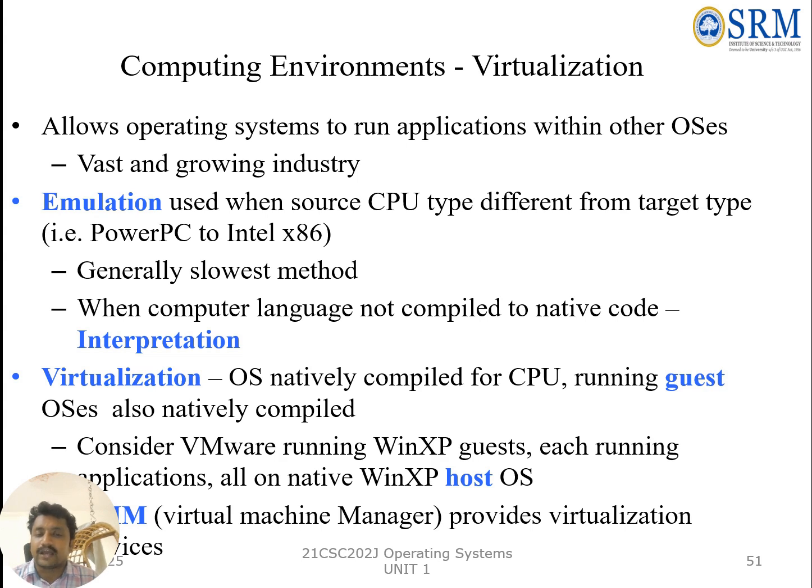But the particular computer language cannot be compiled with the native code with the interruption, so it will go for emulation. For virtualization, they will run with the guest, and it can be compiled with the CPU, which is a virtual one. The OS using the particular VMware will be a virtual-machine-based OS, initiated with the running of the application in that virtual environment by utilizing the current CPU.